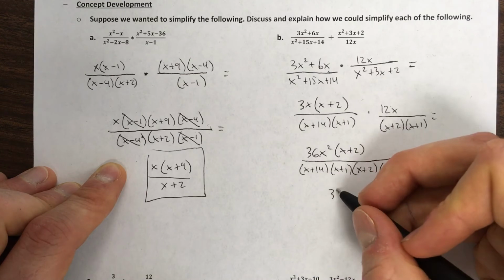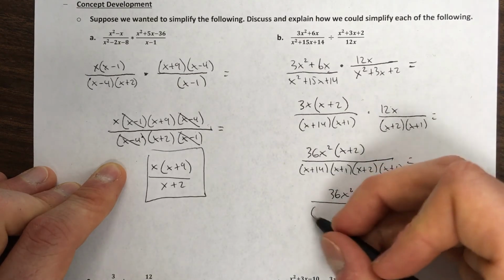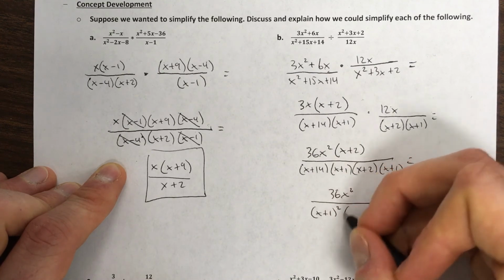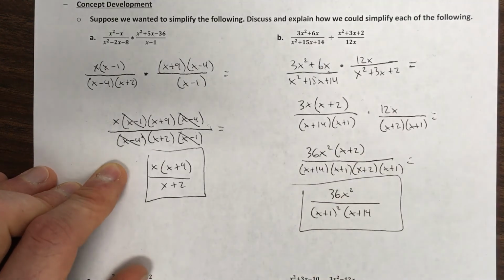And so the x plus 2's would go away, and we're left with 36x squared. I'm going to write this as x plus 1 squared, because there's two of them, and we're multiplying. So that's how we could rewrite that.